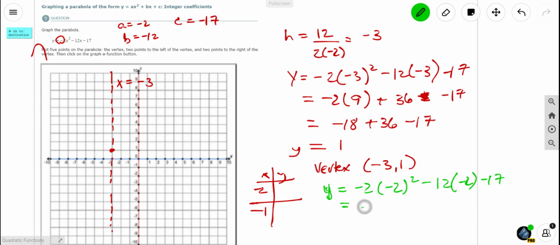Okay, negative 2 times 4, that's negative 8, plus 24 minus 17. And 24 minus 8 is 16, minus 17 is negative 1.